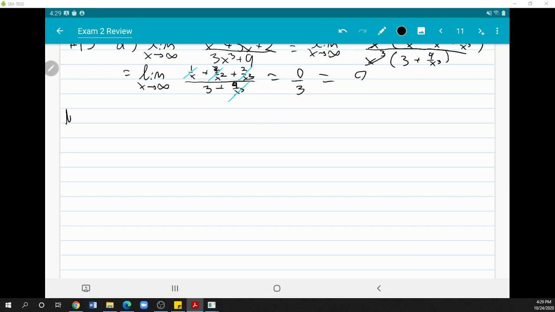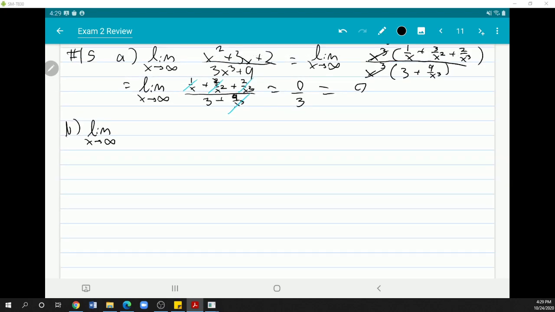So now for part B, the limit as x goes to minus infinity of x cubed plus 2x plus 7 over 2x squared plus 7. And again, our idea is the top is bigger than the bottom, so the top should dominate. The numerator is bigger, so the numerator should dominate.